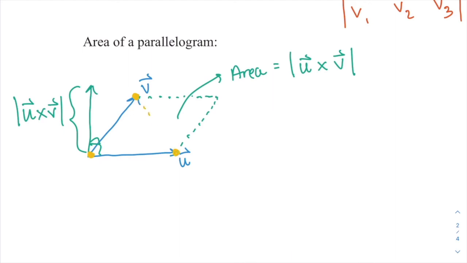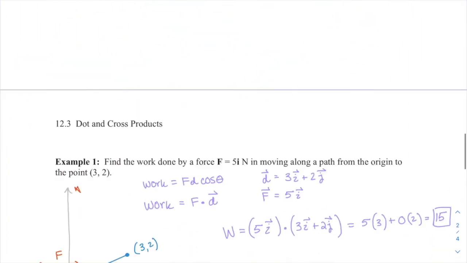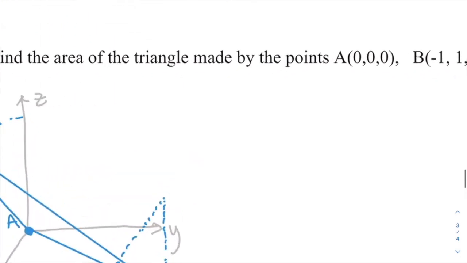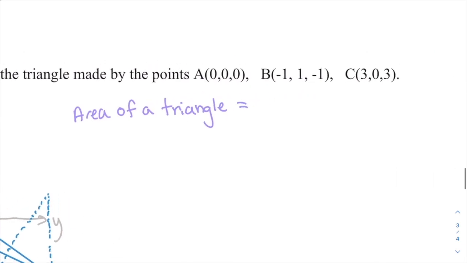That will be the area of this triangle. So the area of a triangle is equal to half the magnitude of the cross product of 2 vectors.